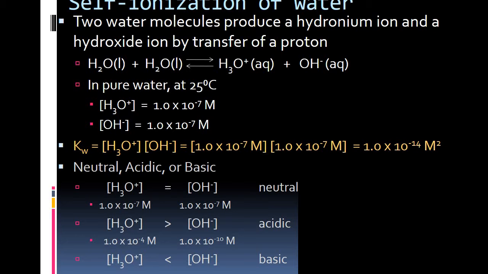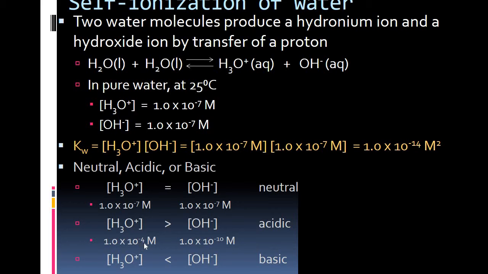Now, you can tell if any solution is neutral, acidic or basic by the concentration of hydronium and hydroxide. If hydronium is 1.0 times 10 to the negative 7, and it's equal to hydroxide at 1.0 times 10 to the negative 7, your solution is going to be neutral. If you have a higher concentration of hydronium, say 1.0 times 10 to the negative 4, that is much larger than 1.0 times 10 to the negative 10.